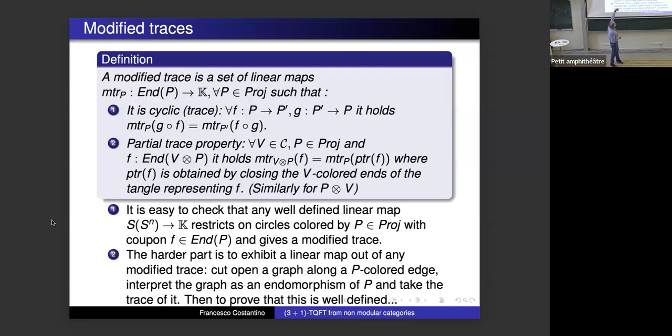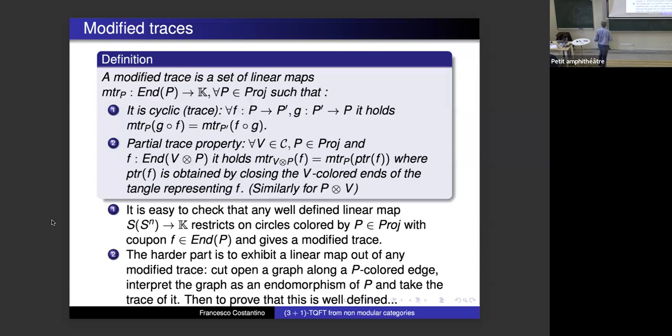So it's a list of traces, which I denote M-trace P, which take an endomorphism of a projective and give you a scalar, for any projective. So it should be a trace in the first sense. So it should be cyclic. If you have a map from P to P prime and a map from P prime to P, you have two ways of composing. You get either an endomorphism of P or an endomorphism of P prime, and you want the two endomorphisms to have the same trace. That's a natural condition for a map to be called a trace, right?